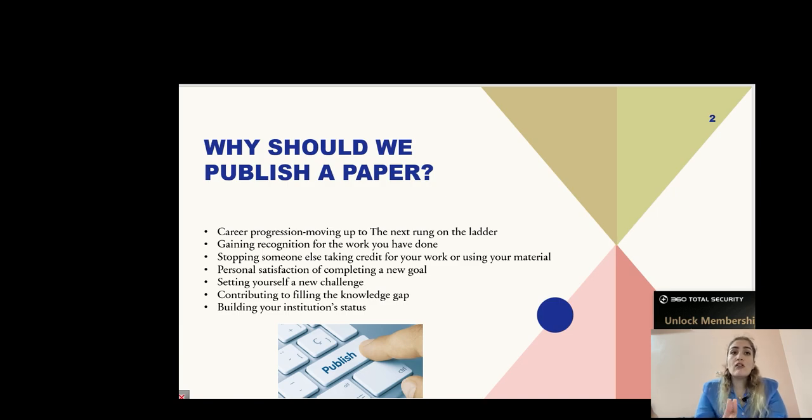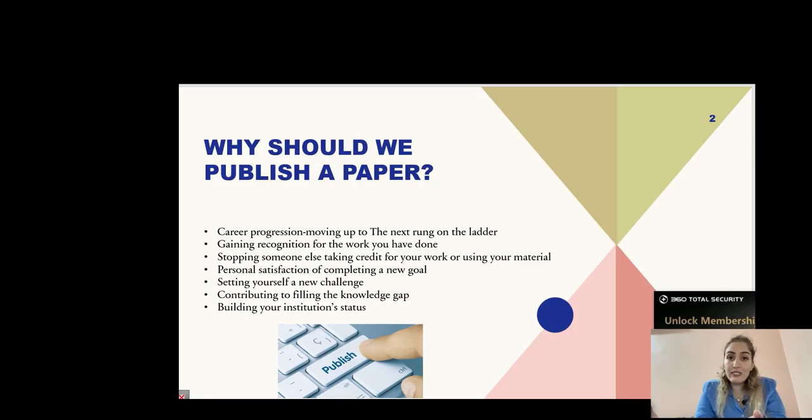Also, it's personal satisfaction for completing a new goal and achieving it. In academic work, I think all of us care about contributing to filling the knowledge gap, because this is how we improve science. When we recognize where the gap is in our area of expertise and try to fill it, I think this is one of the best reasons to publish your paper.